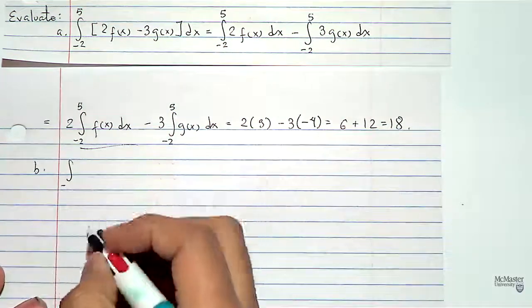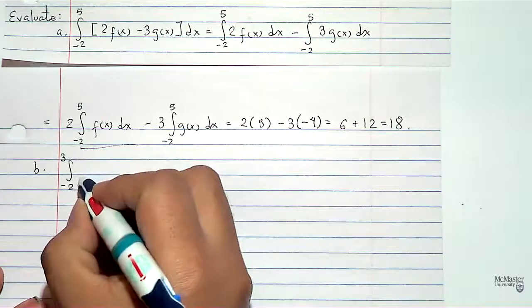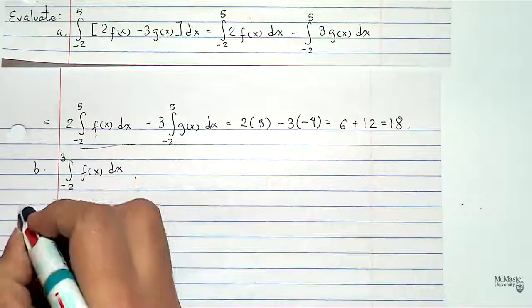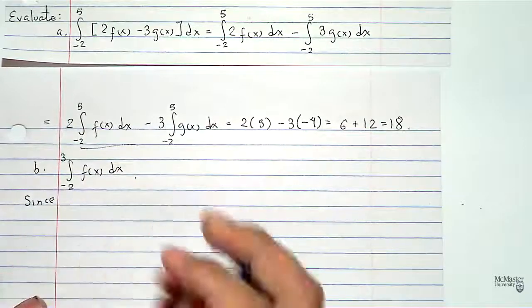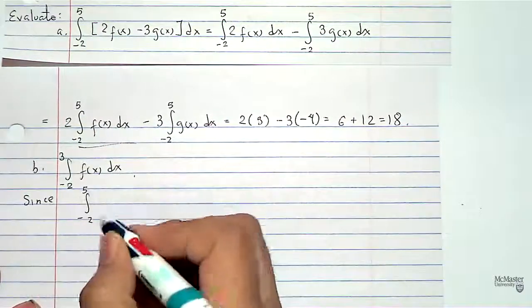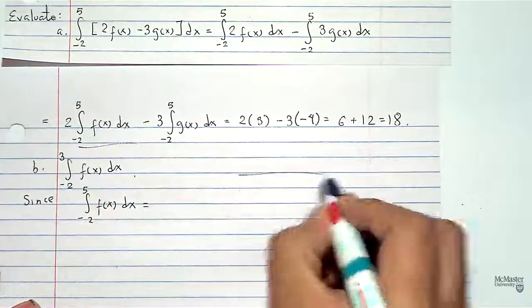The second thing is how to compute another integral, which is the integral from minus 2 to 3 of f of x dx. Now, what we know to make this computation is that the integral from minus 2 to 5 of f of x dx, remember, I have the interpretation, right?